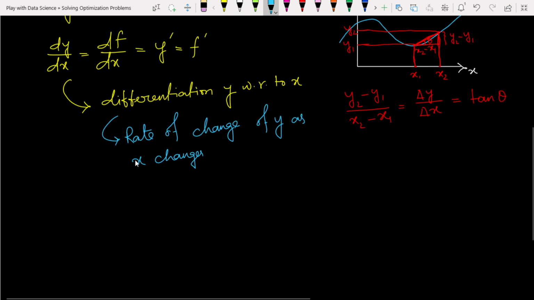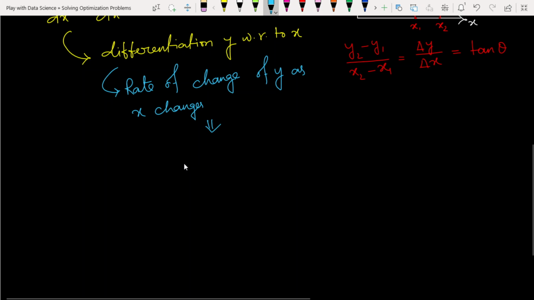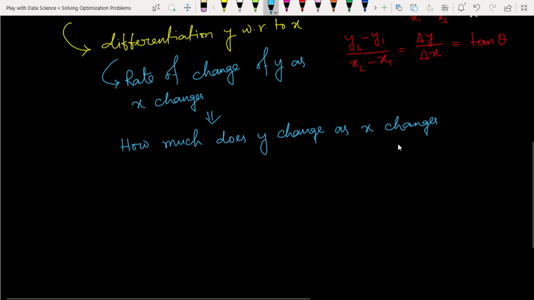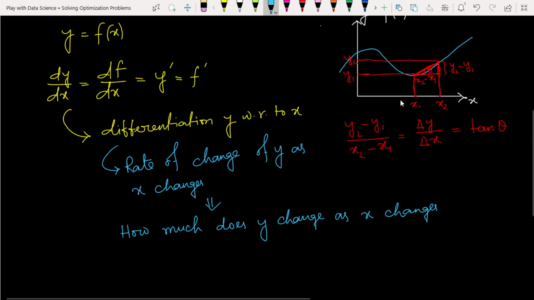Okay. This means what? This means how much does y change as x changes. This means how much our dependent variable changes when our independent variable changes this much.